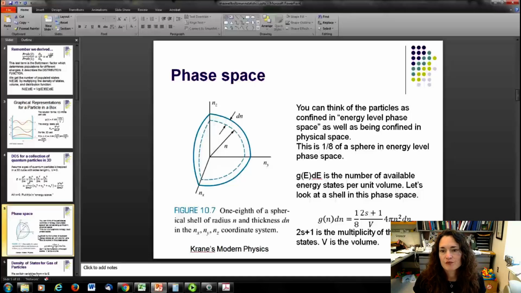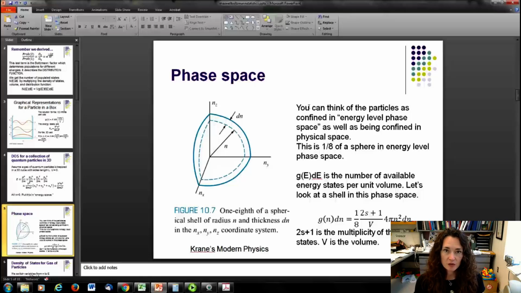First of all, you can think of these particles as being confined not only in physical space, but also in their energies. That's because of the confinement of the particles to the cube, or whatever else you're sticking it in. When you confine it, that restricts the values of energies that they can hold.